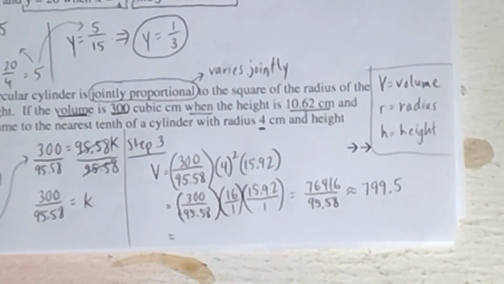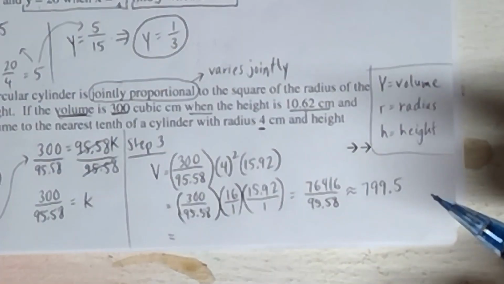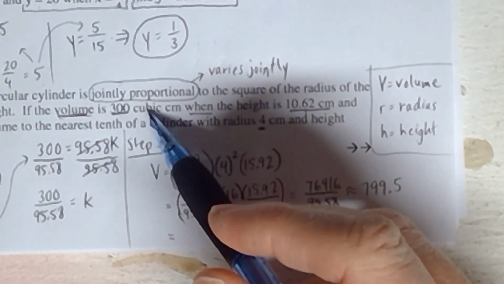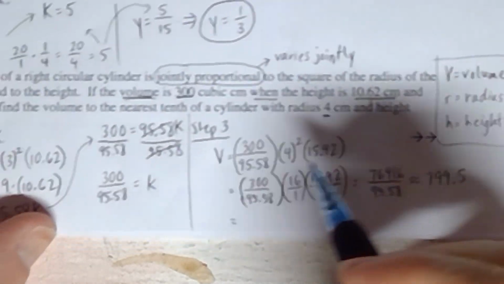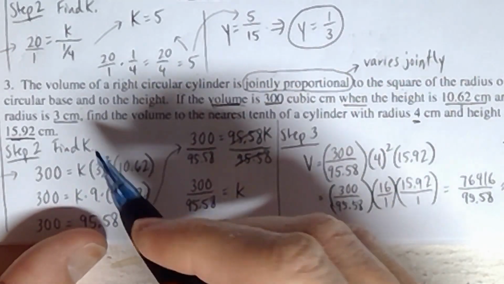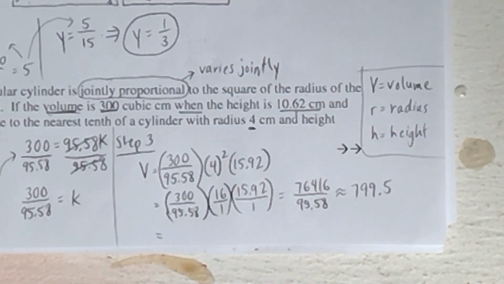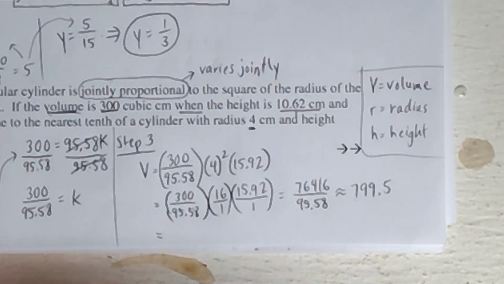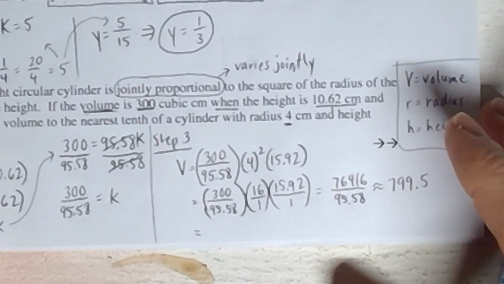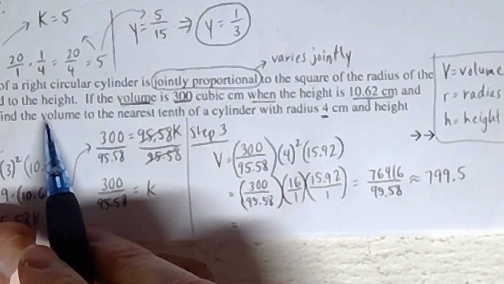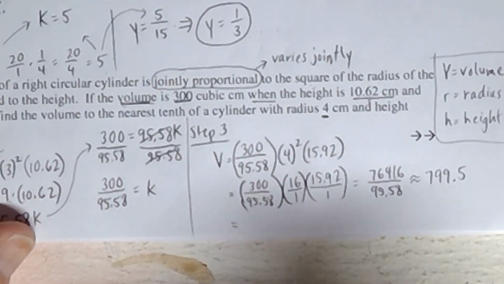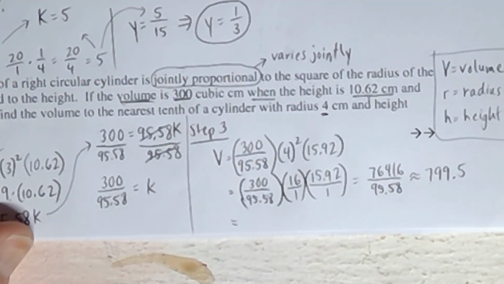Now, as I mentioned back in section 3.1, you guys, when we did some word problems there, if your problem mentions measurement, such as centimeters or cubic centimeters, anytime they mention any kind of measurement like that, that means your answer is also going to need to have measurement as well. So since we just found the volume, you just need to figure out how they measure volume in this problem.